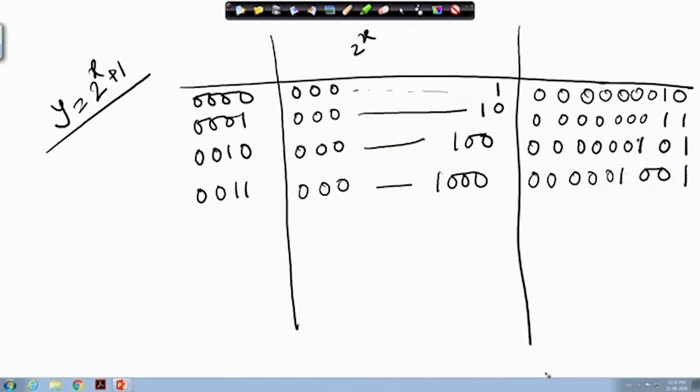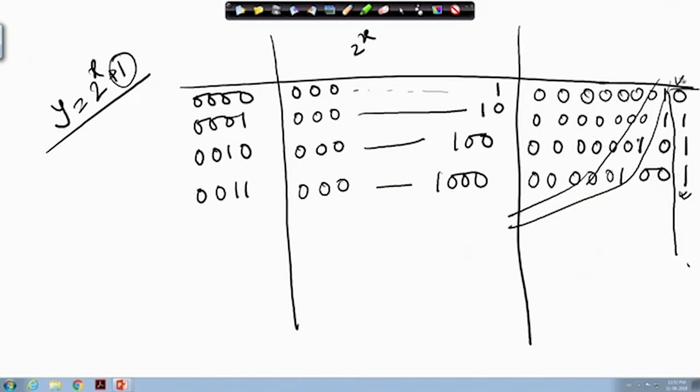Okay. So, you just see that for adding 1 to 2 to the power x, how is it basically affecting? It is affecting only the last 2 bit positions. The rest of the bit positions basically remain the same. It only affects the last 2 bit positions.